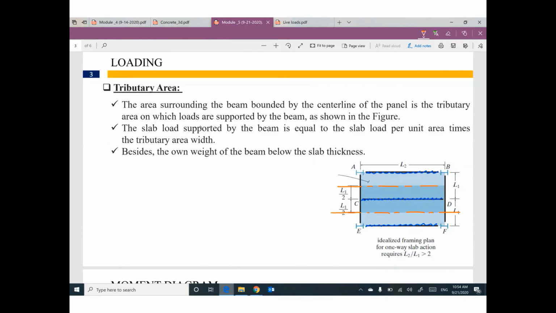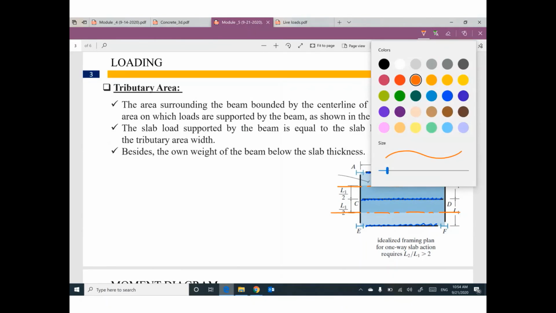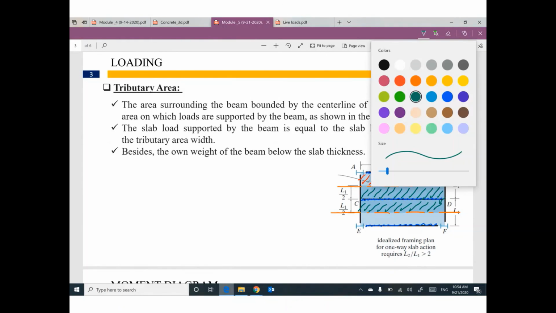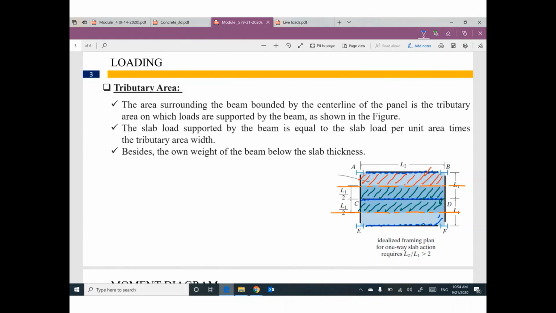So the first beam, this one, will support this part of the slab. The second beam, which is this one, will support this part plus this part also. And the third beam will support this part only. So the width of a slab supported by the intermediate beam will be this width. Do you agree? We covered this before, I remember.